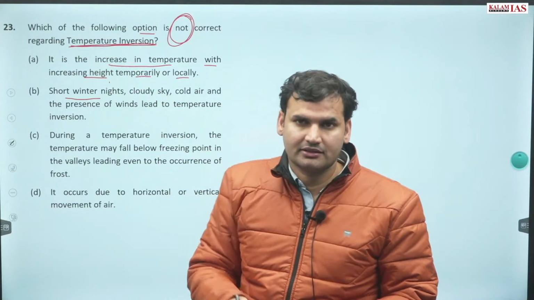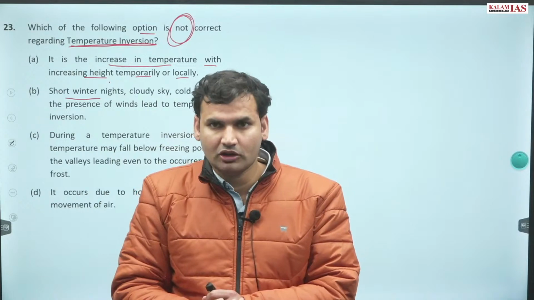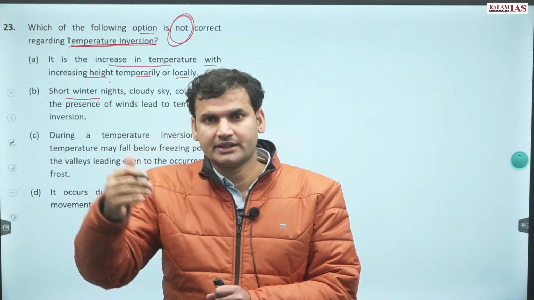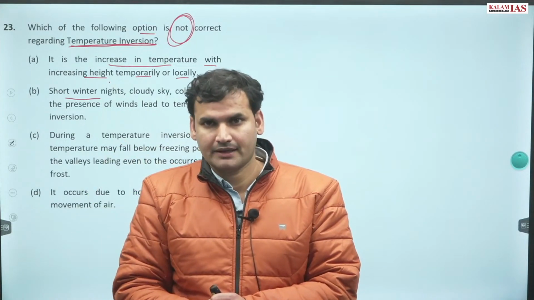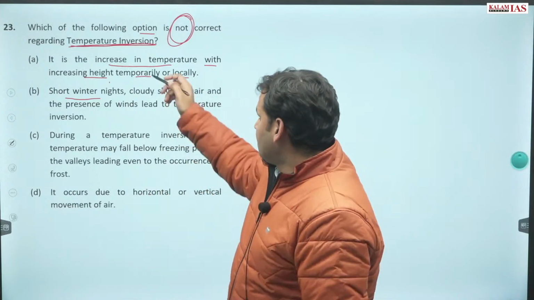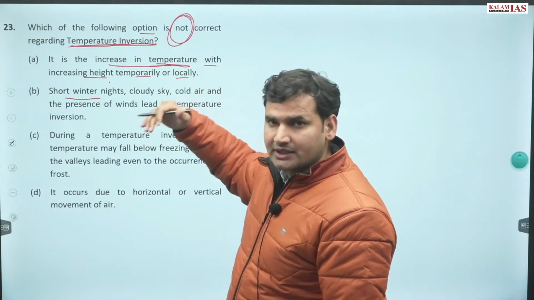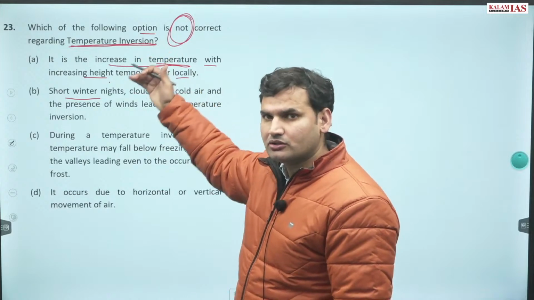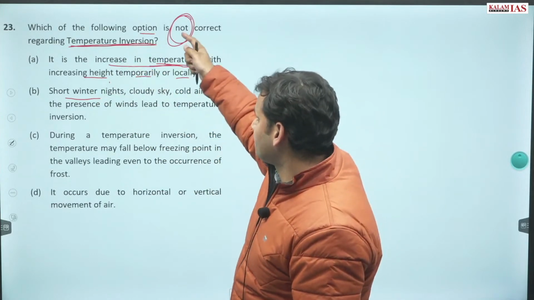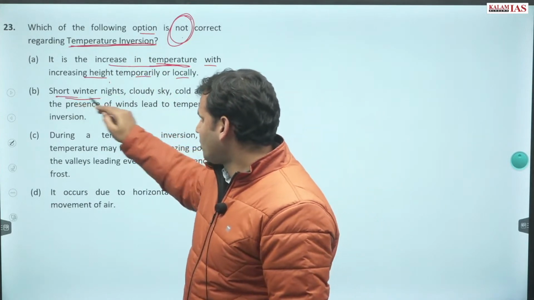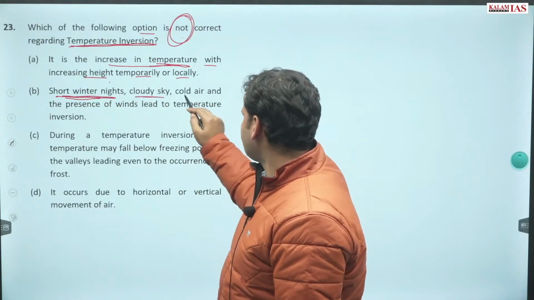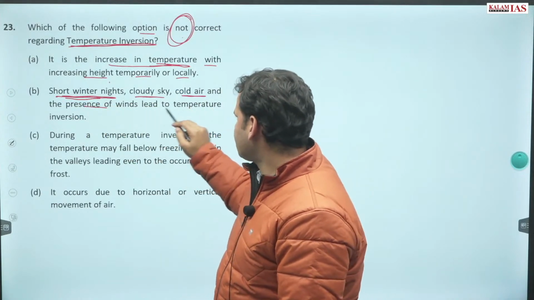Normally, the higher we go, the cooler we feel. Normal lapse rate is 6.5 degrees Celsius per kilometer. If there is an increase in temperature with increasing height temporarily or locally, this obviously is temperature inversion. Not correct was asked. Short winter nights, cloudy sky, cold air and presence of winds leads to temperature inversion.